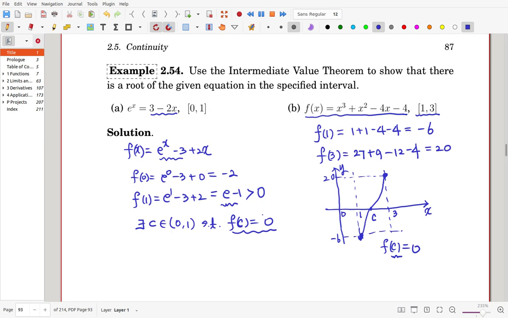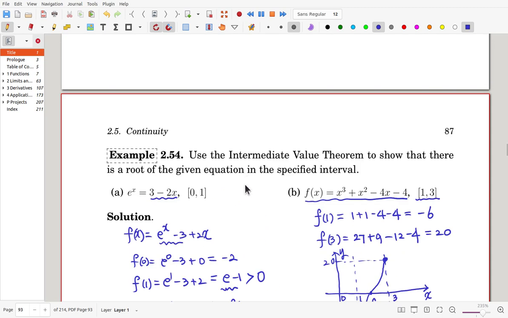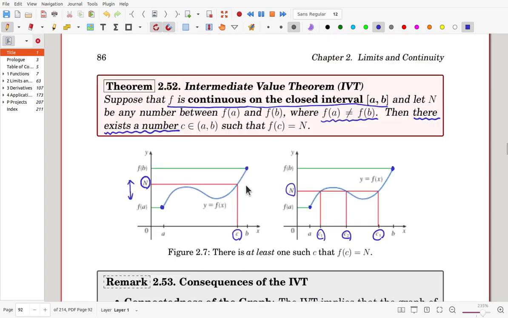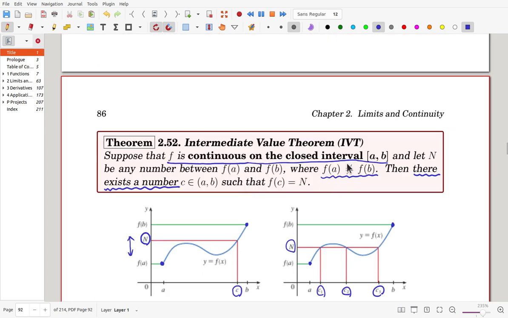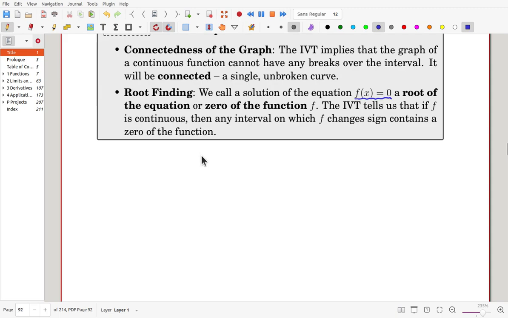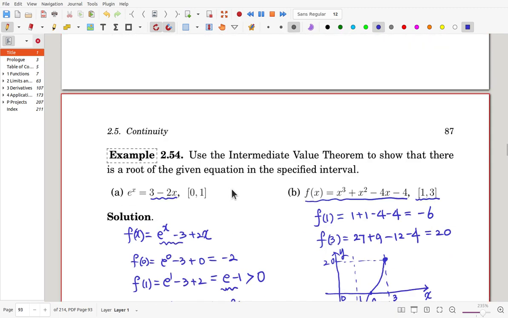So existence of a root is guaranteed by using the intermediate value theorem. The intermediate value theorem is true only for continuous functions defined on a closed interval. If it is not continuous, then you cannot apply the theorem.